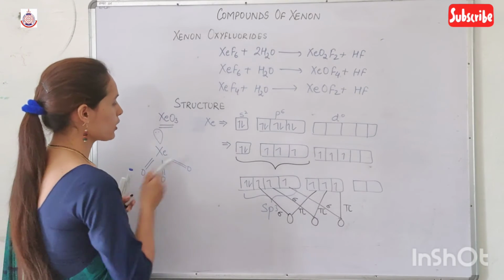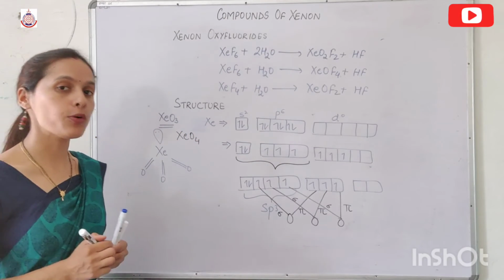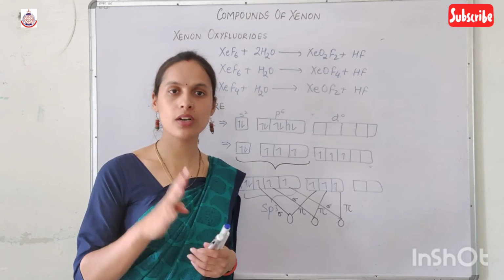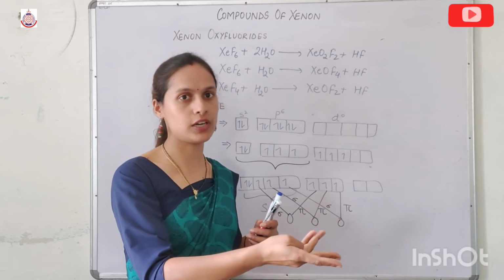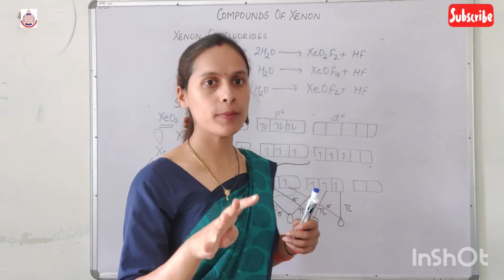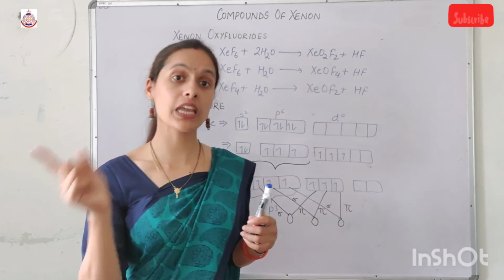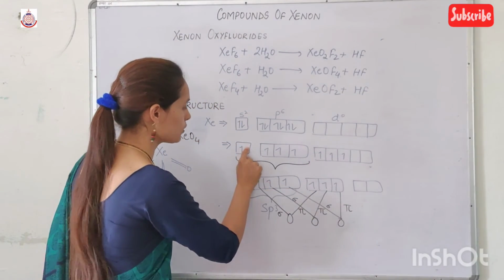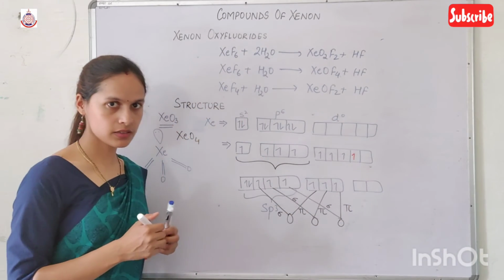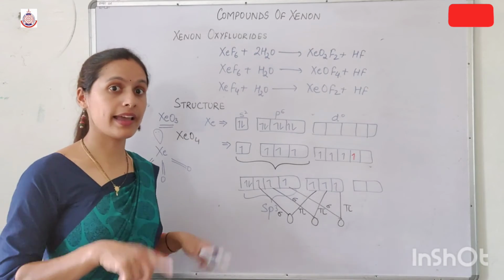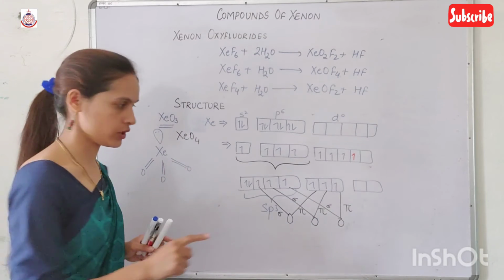Now, if I talk about XeO4, how many half-filled orbitals do I want? 4 half-filled orbitals for sigma bonds along with 4 additional half-filled orbitals for the pi bonds. So as a result, one more electron from S jumps to D, but still the hybridization is sp3 because only these 4 will participate in bond formation.